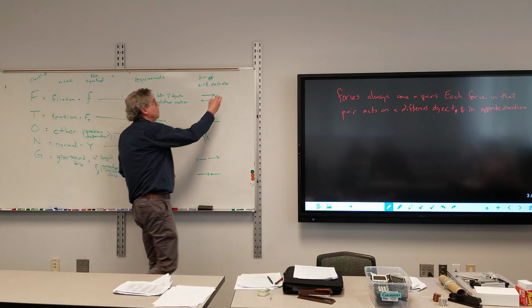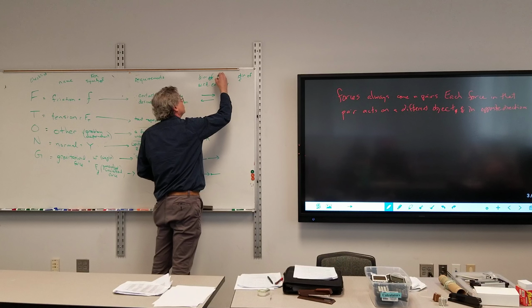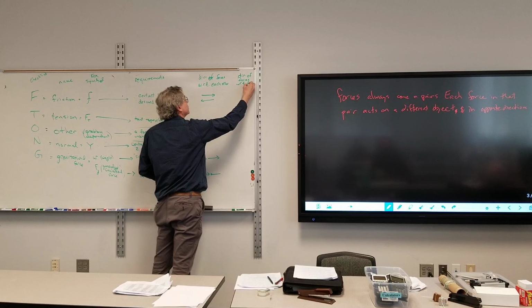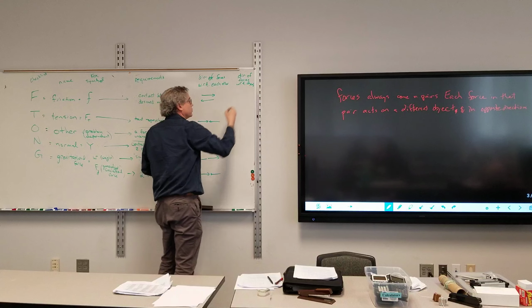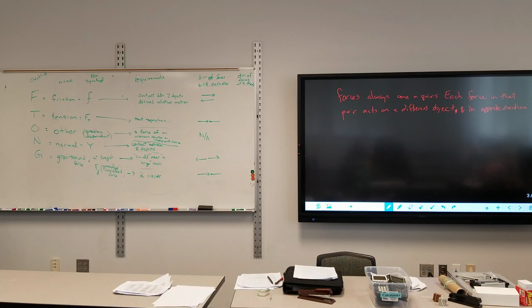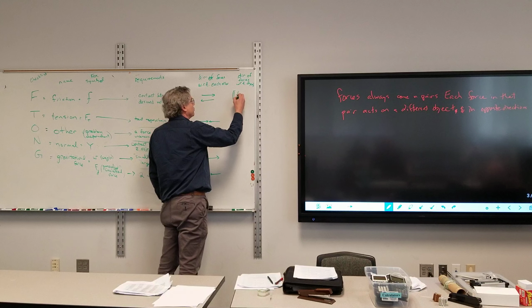And then direction of forces with respect to objects, because a force requires that there be two objects involved. So friction is always going to be parallel to surfaces of contact.